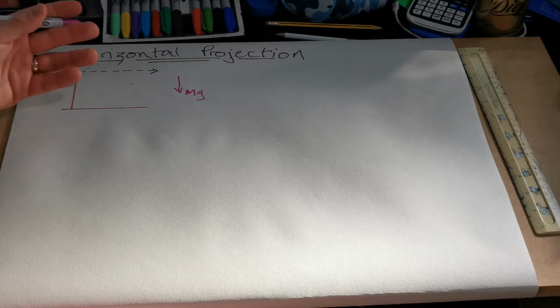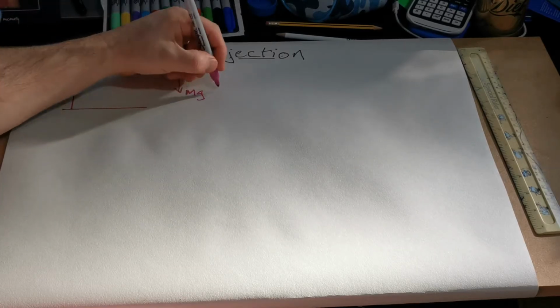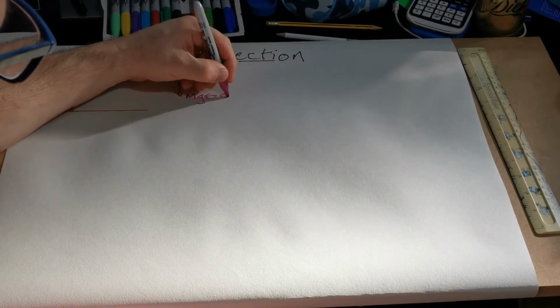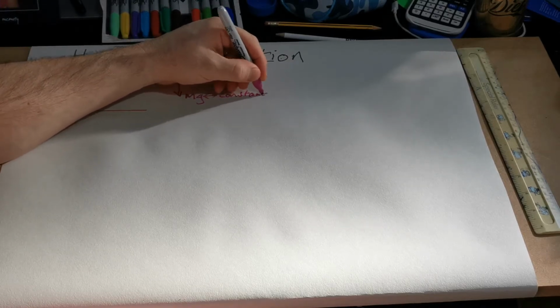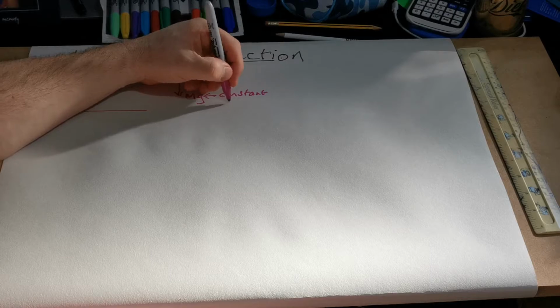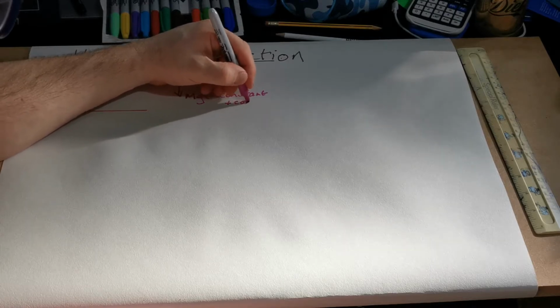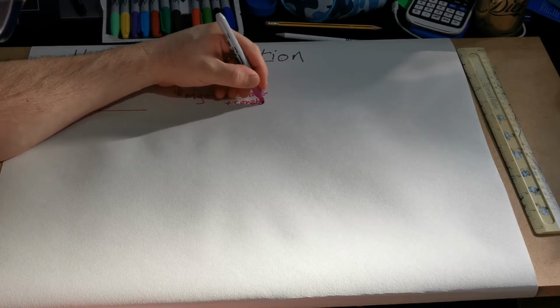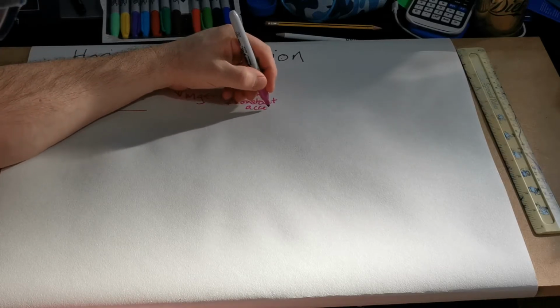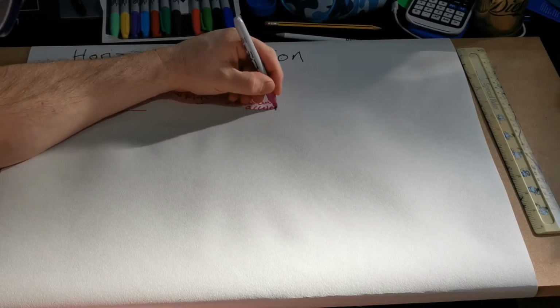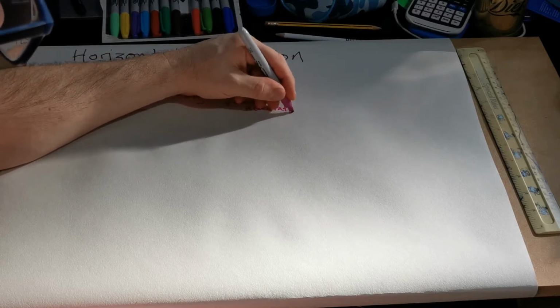What we know about that is it's constant, and it gives a constant acceleration. And what that does mean is that we can pick and use our constant acceleration formulae.